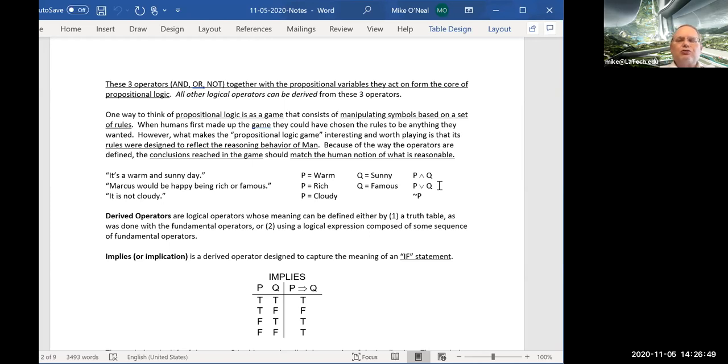But that doesn't mean that when you translate that conclusion back out to the real world that it makes sense, because the way you translated the original statements, you may have lost some piece of the meaning that actually turns out to be really important that you didn't think was important when you did the translation. So I hope I'm making sense here.